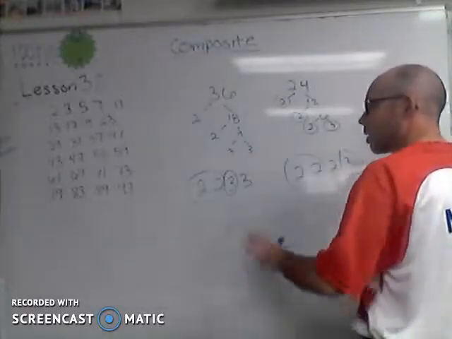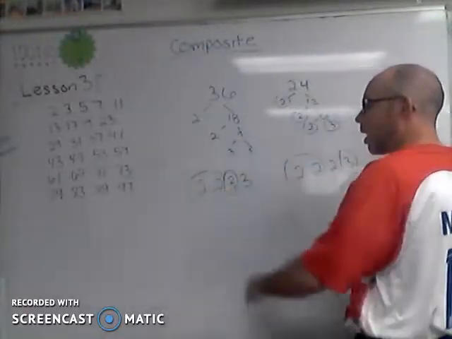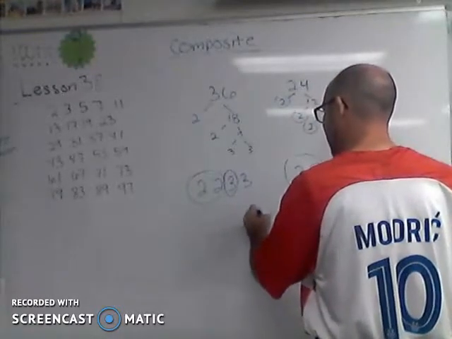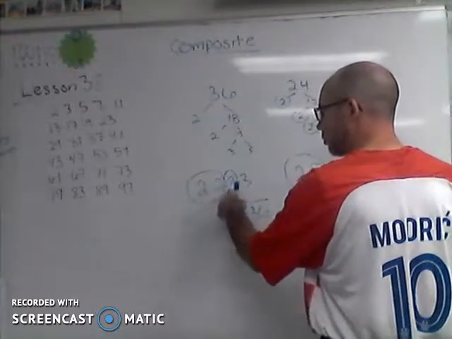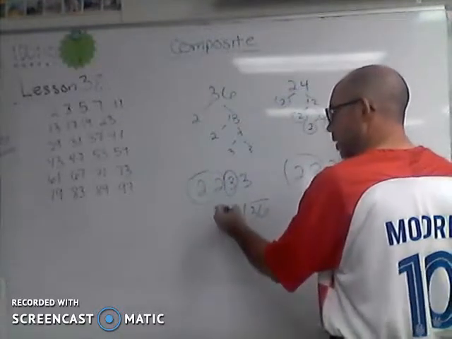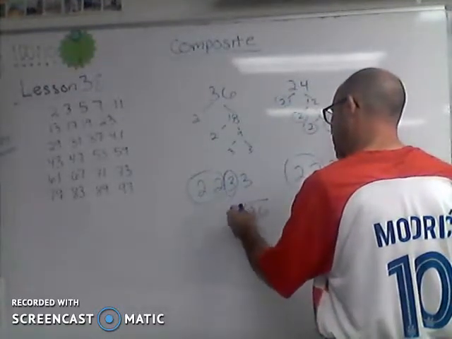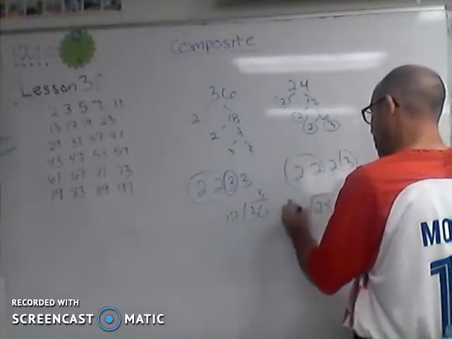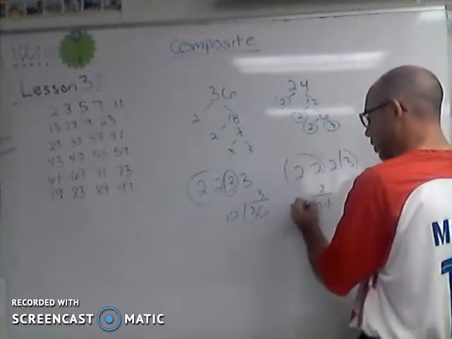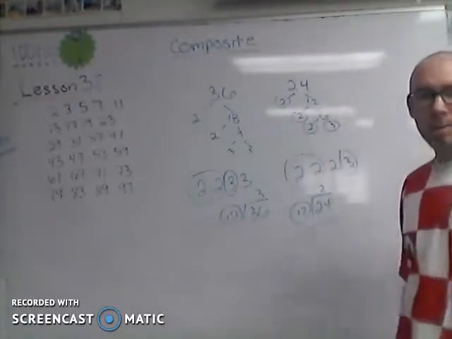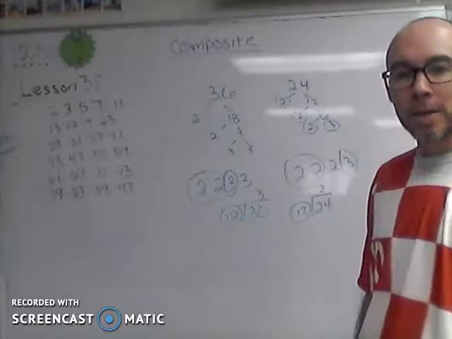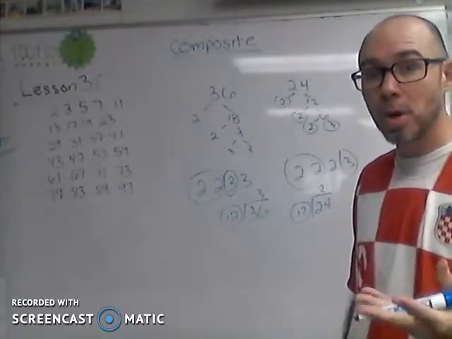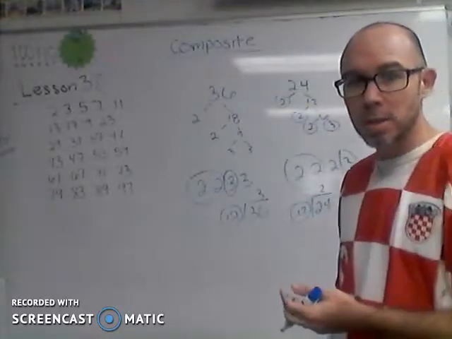Both of these numbers could be divided by 2 times 2 times 3, which is 12. 36 can be divided by 12, and 24 can be divided by 12. That's the greatest amount of common factors they have. 12 is the biggest number that you could divide both of those by and still have something left over.